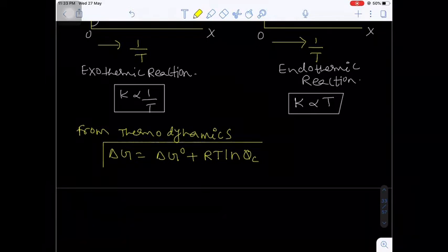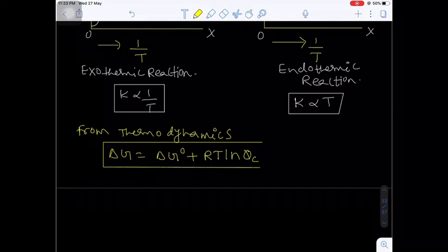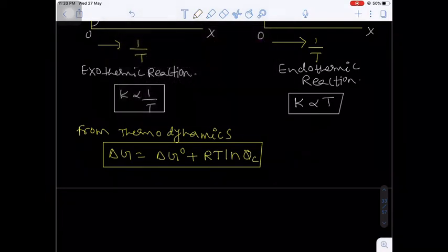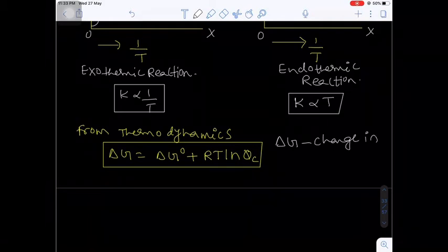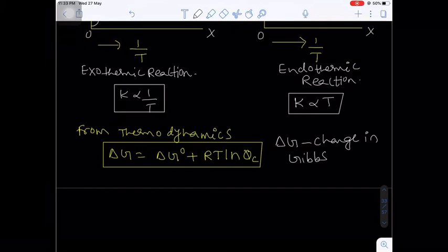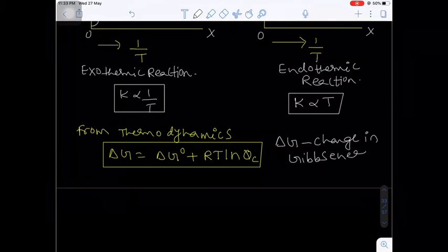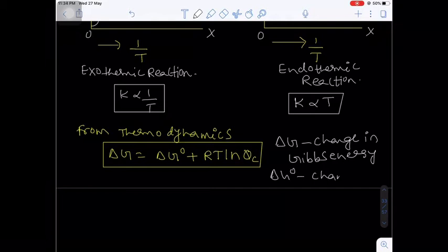This expression, a very important expression, is used in thermodynamics. Okay. Now here what is delta G? Delta G is nothing but change in Gibbs energy. It is a thermodynamic function. Gibbs energy is a thermodynamic function.